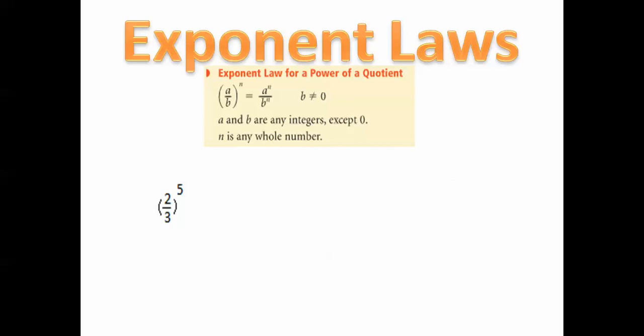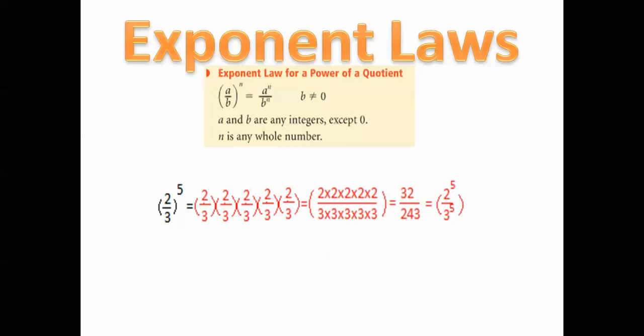2 over 3 to the power of 5. That is equal to 2 over 3 times 2 over 3 times 2 over 3 times 2 over 3 times 2 over 3. But we know when we are multiplying fractions, we can write it as one full fraction and just multiply the numerators and multiply the denominators.